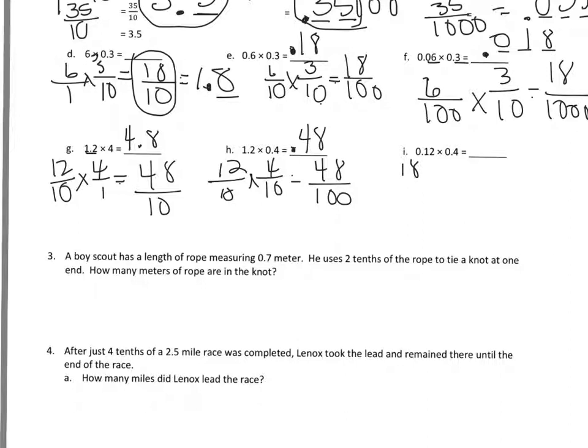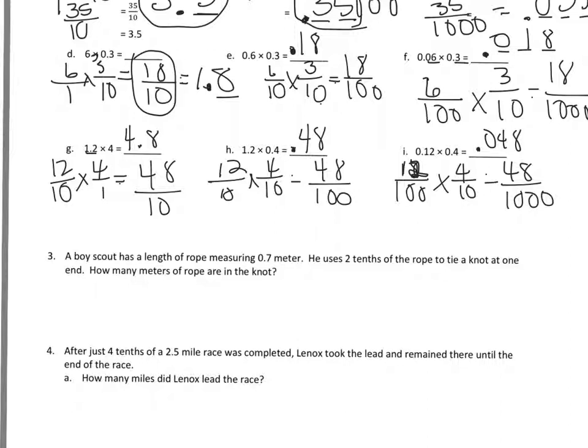Here is 12 100ths times 4 tenths. 12 times 4 is 48, and 100 times 10 is 1,000. So that's 0.048.